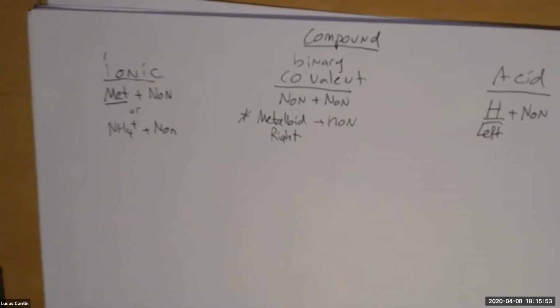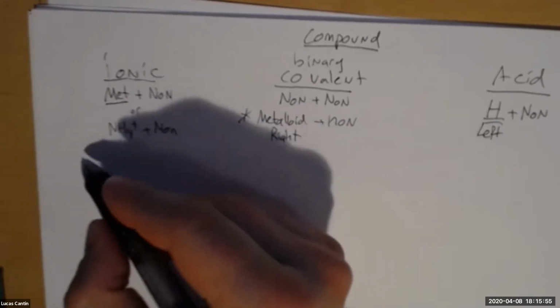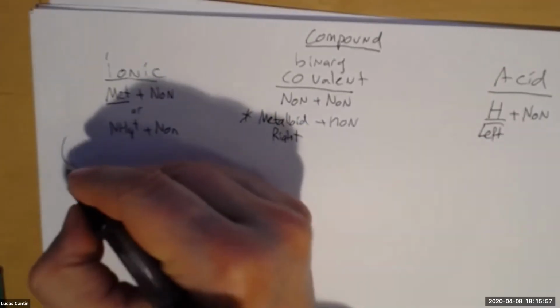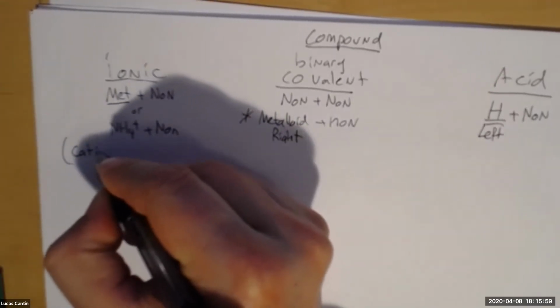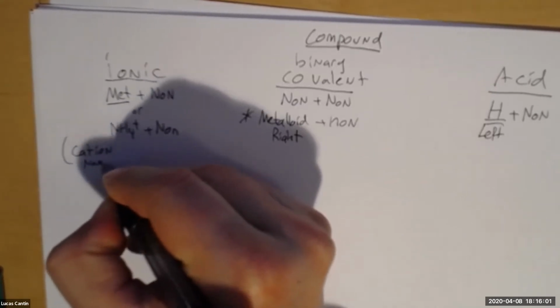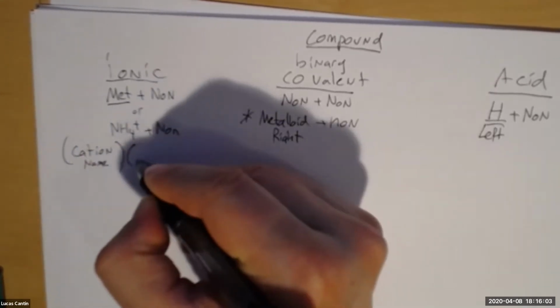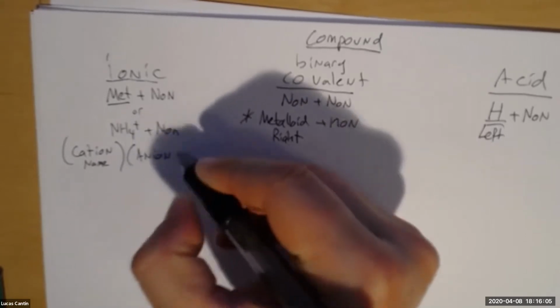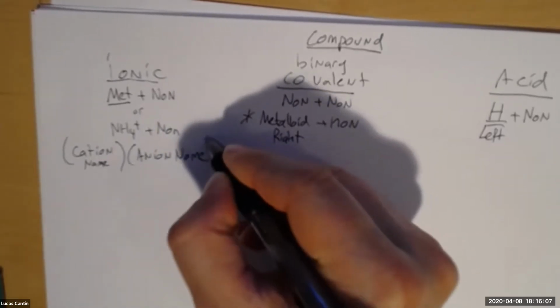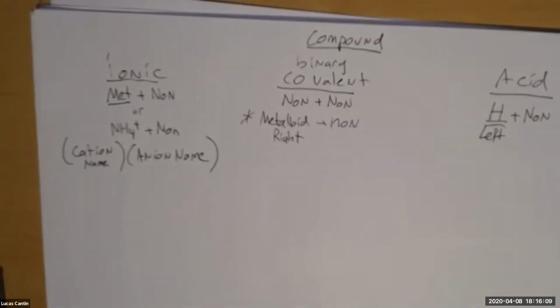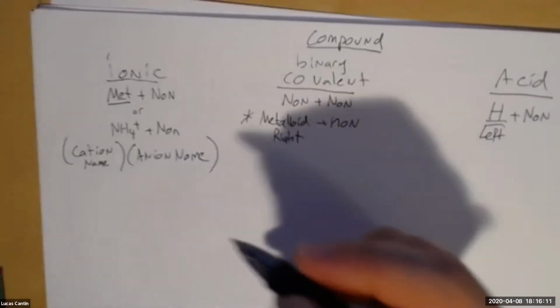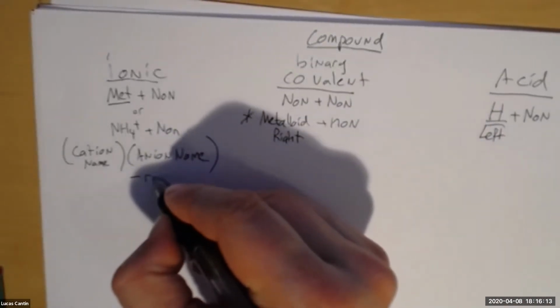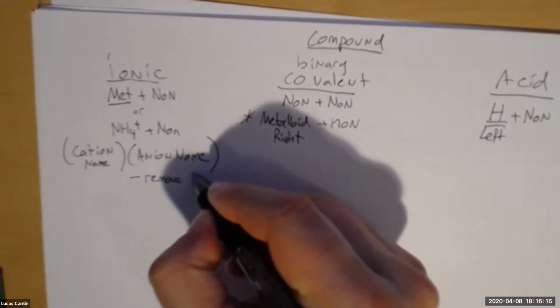Okay. So for ionic, the very simple rule is it's the cation name plus the anion name. And technically from that, you remove the word ion.